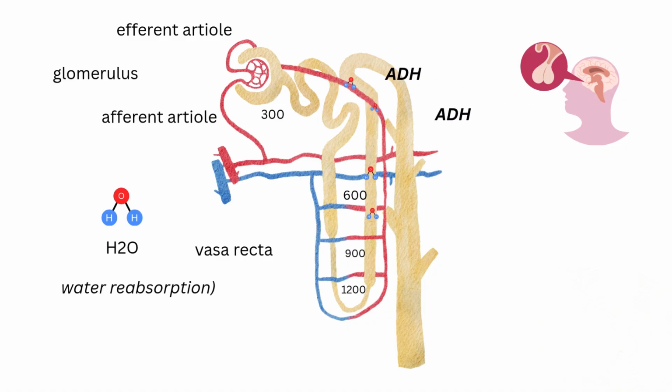When we are dehydrated and we feel thirsty, the hypothalamus senses hypernatremia and hyperosmolality, and the posterior pituitary secretes ADH, which travels to the nephrons and opens up water channels at the distal convoluted tubules and collecting ducts to reabsorb and conserve precious water.